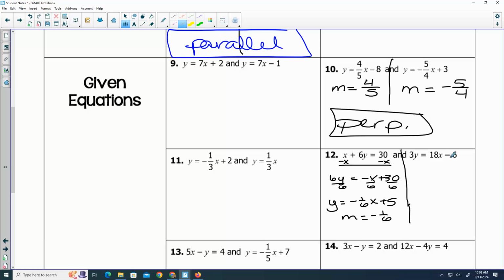Okay, second line. I have y by itself, so what do I really need to do for my first step? It has to be y equals mx plus b form, so that's 6x minus 2. What's the slope of that line?